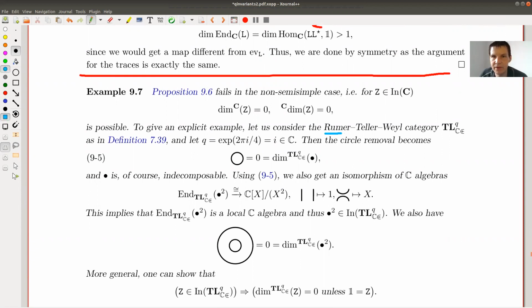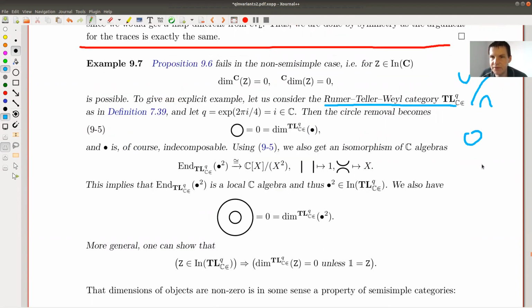For example, in our Rumer-Teller-Wald category, so this was the calculus with caps, those guys, and there was a circle, and there was a circle evaluation, and the circle evaluation was something like this one. Of course, if I would choose the wrong parameter here, let's say I would choose i in C, my ground field is C, then this one would be minus i to the minus 1.